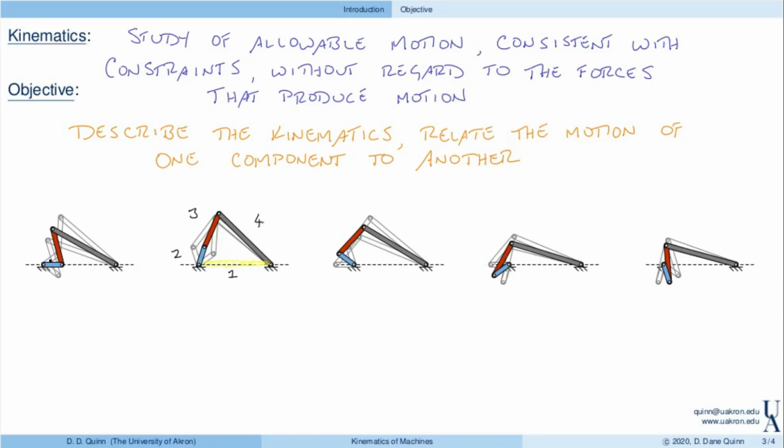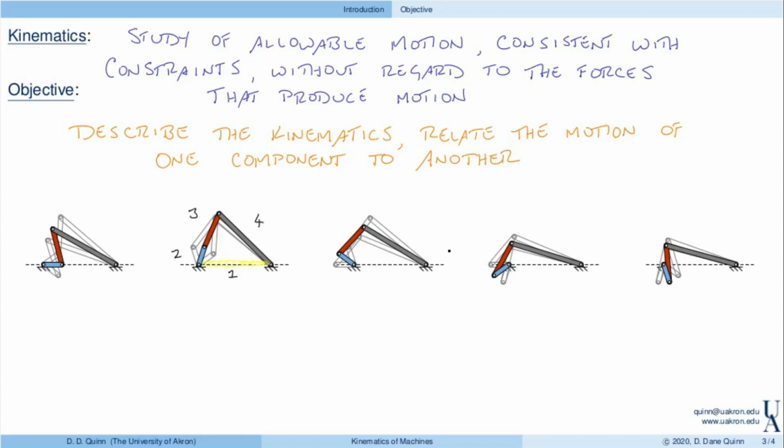So now, if I think about the blue link as my input, then depending on where it is, the red and the gray links move around. Right, so if it's at 0 degrees, then the red and the gray are like shown. Here in the lighter lines, I've shown different configurations. You know, it moves up to 60 degrees, and then the red and the gray link move here, 120, 240, right? And then, you know, about 300 degrees, and then back to 0 again, right? So as this blue link spins around, this mechanism would move through all of these positions.